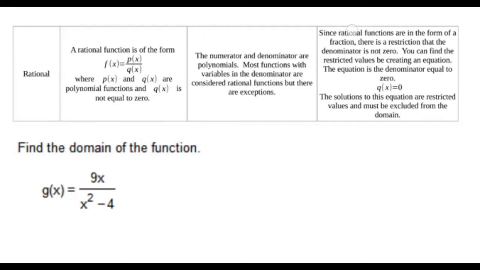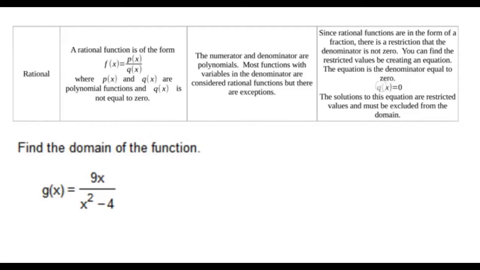Now over here, this is a discussion of how we're going to find the domain. Since rational functions are in the form of a fraction, we have a restriction that the denominator cannot be 0. You can find the restricted values by creating an equation. The equation is the denominator equal to 0.